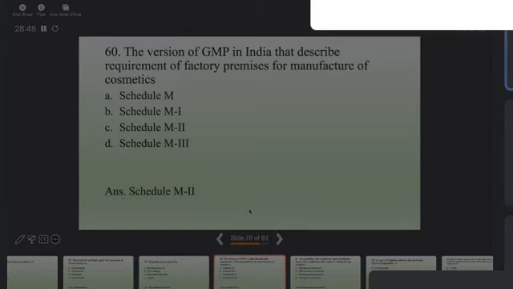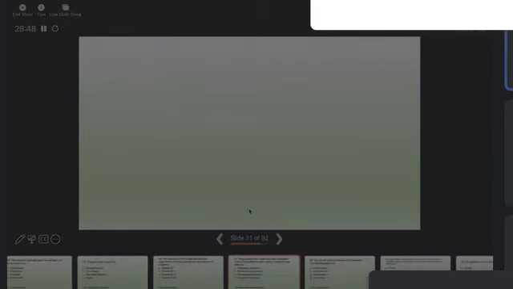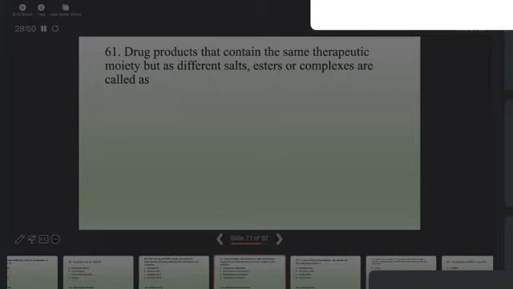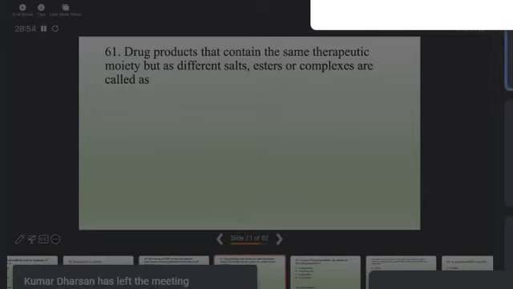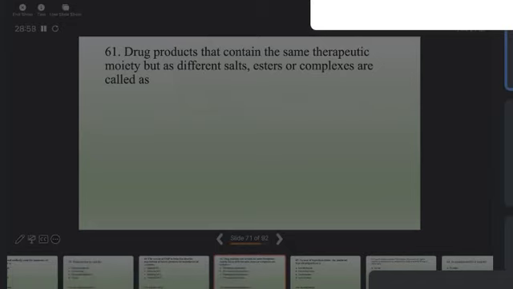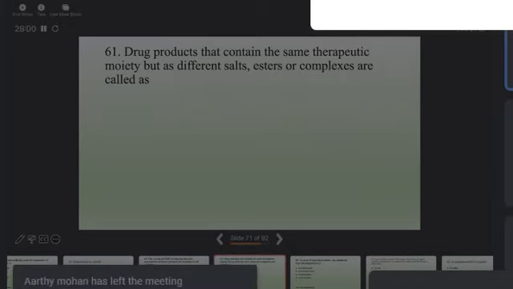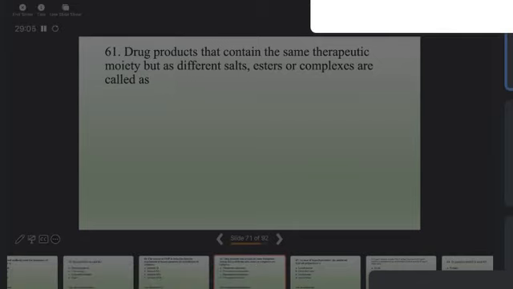We'll move to the next question. Drug products that contain the same therapeutic moiety but as different salts, esters, or complexes are called. I'll give you 5 to 10 seconds to read the question.